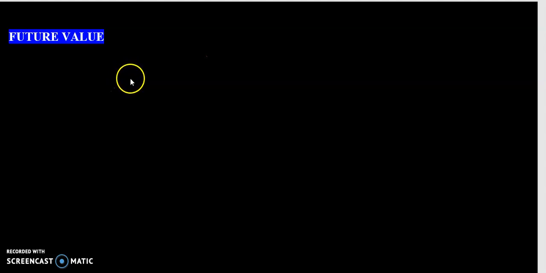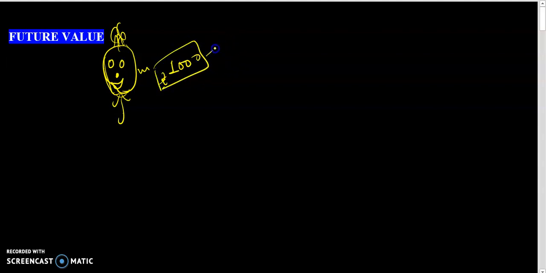So before I directly jump to the formulas on how to calculate future value, let's consider one example. Mr. A places 1000 rupees as deposit in the bank for 1 year.